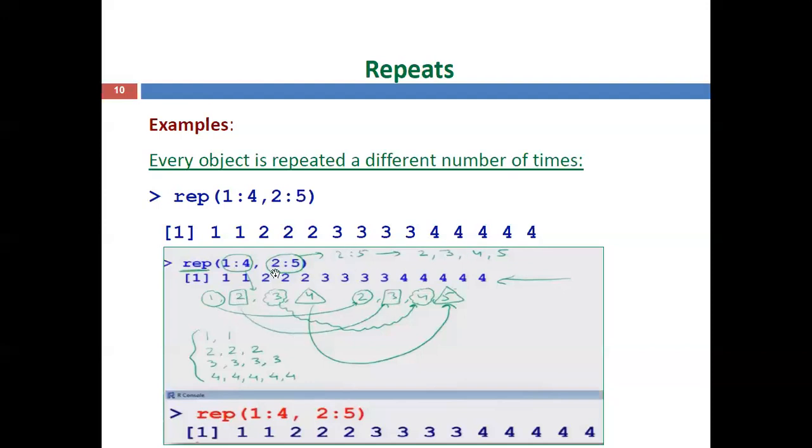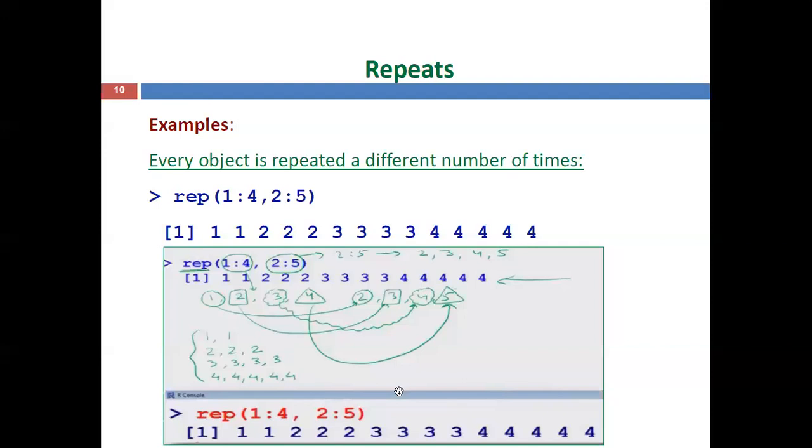Here the mapping is simple: 1 to 2, 2 to 3, 3 to 4, 4 to 5. That number of times the values are repeated. After combining all this, the result is: 1 is repeated 2 times, 2 is repeated 3 times, 3 is repeated 4 times, 4 is repeated 5 times. Then you can see this is the output.